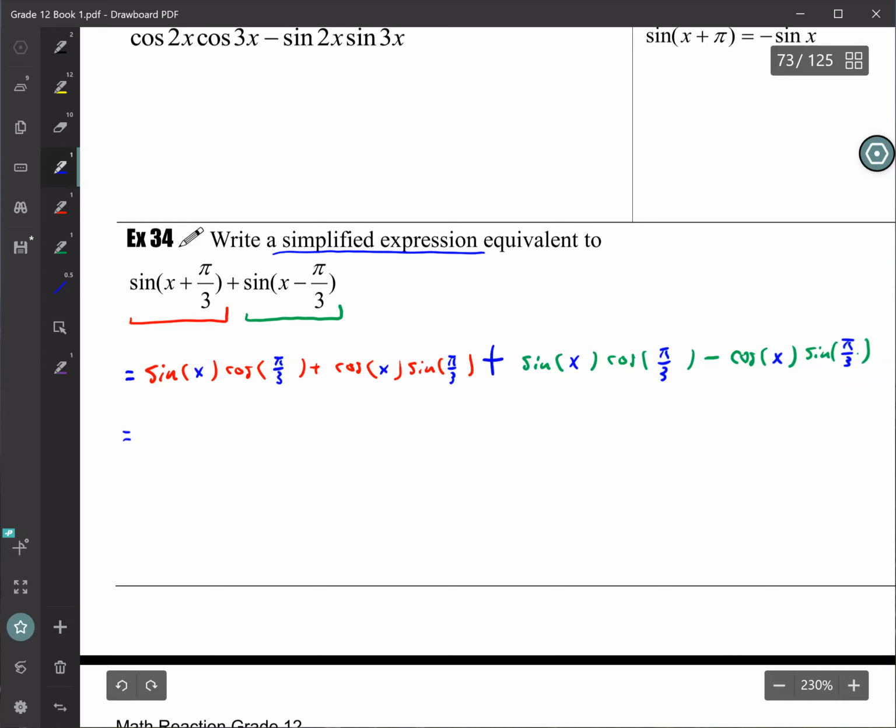Is there any part you can simplify here? Anyone? Anything that you see special that you could simplify? Anything that's unique, stands out?